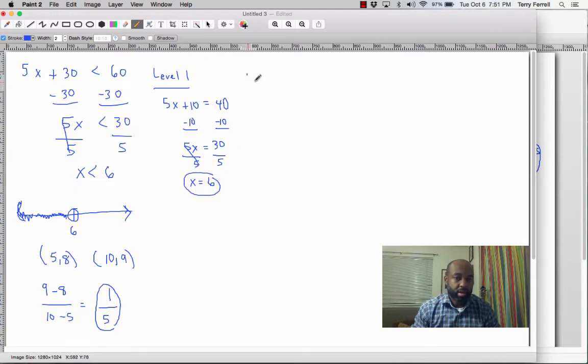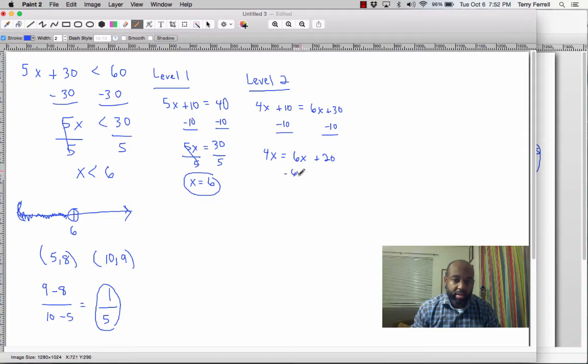Okay, let's go over a level 2. Level 2 example, we'll pick the first one. 4x plus 10 equals 6x plus 30. And here, I'll subtract 10 on both sides first. So now I have 4x equals 6x plus 20.